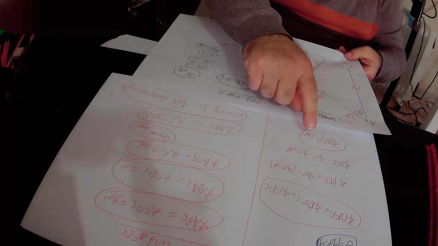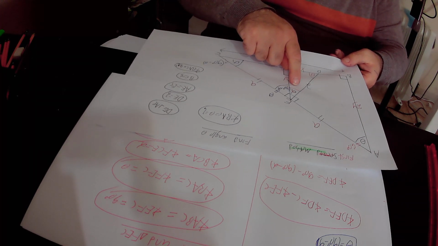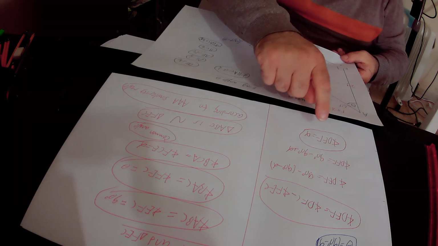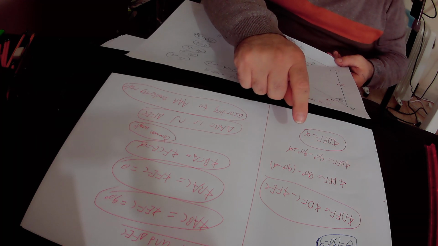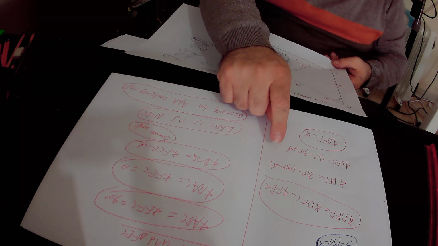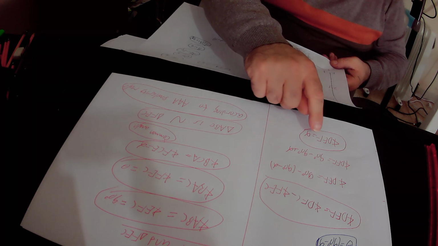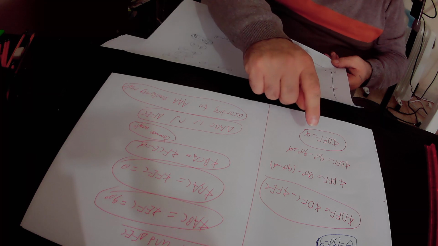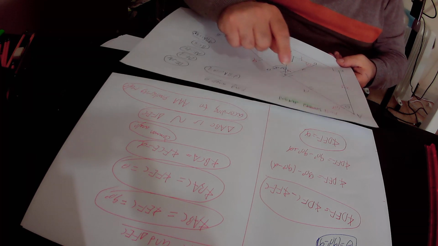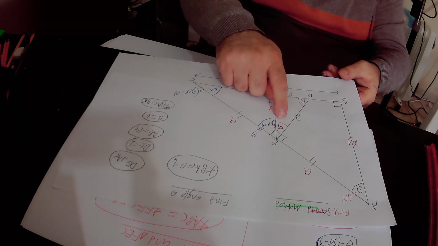We opened the brackets here and found that the missing angle equals 90 degrees minus 90 degrees, minus and minus is plus, so it is 0 plus alpha. In conclusion, we found that this angle equals alpha.